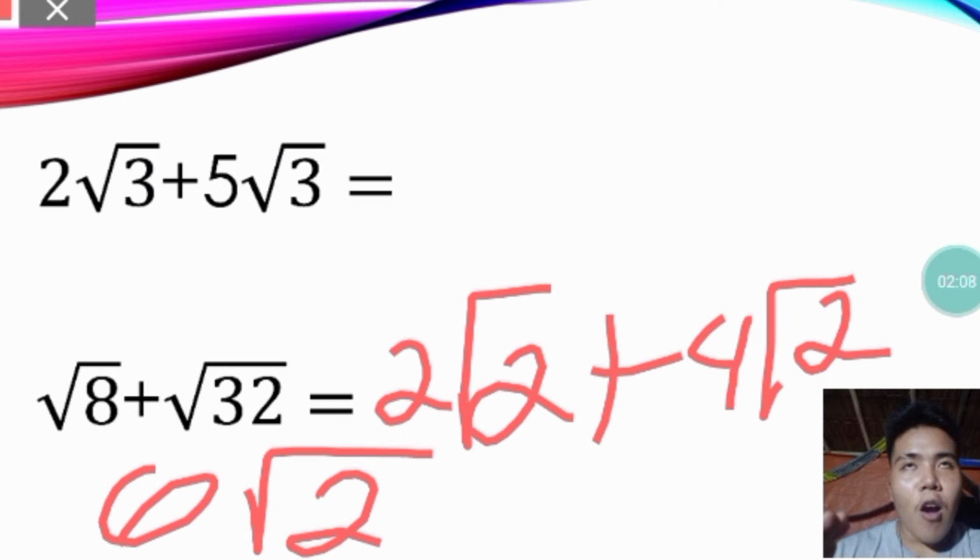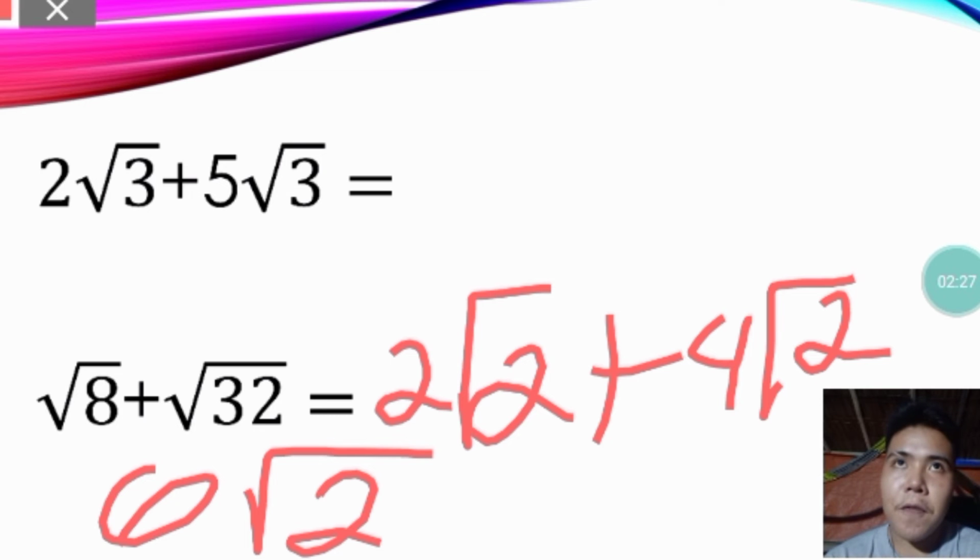Always remember, in adding radicals you need to make the radicand the same. If it is the same, you just add the whole numbers outside the radical sign, or the square root sign.